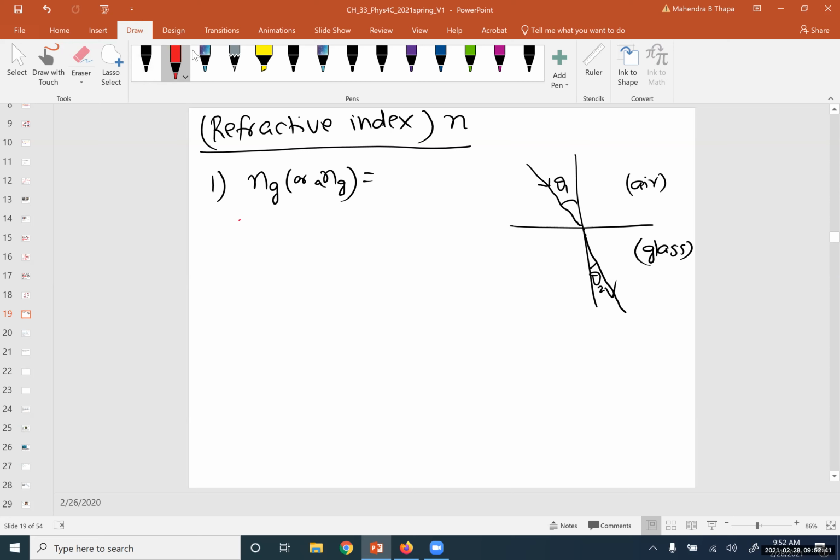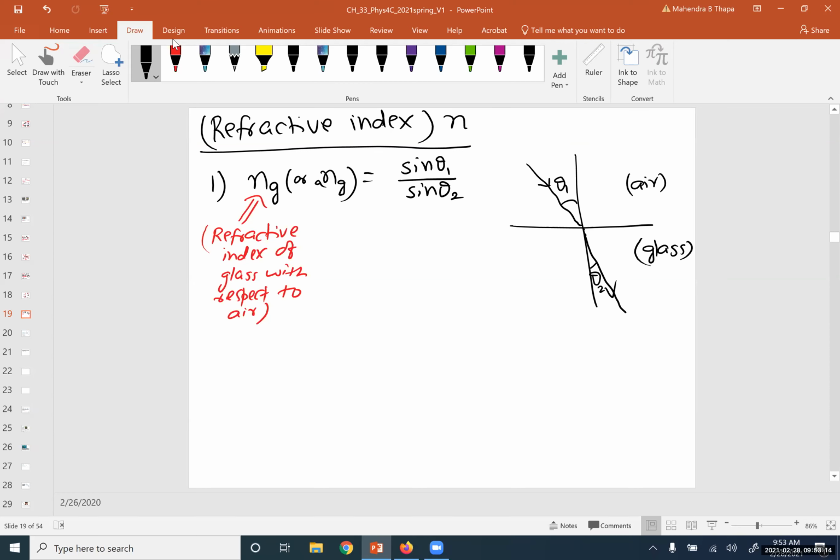So this is the refractive index of glass with respect to air. From Snell's law, we can write it as sine θ1 over sine θ2.